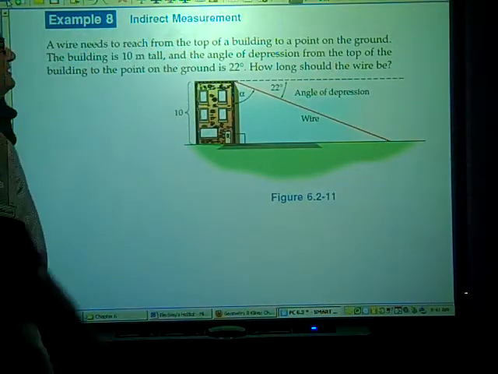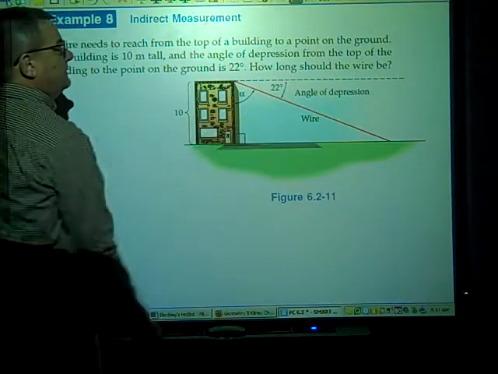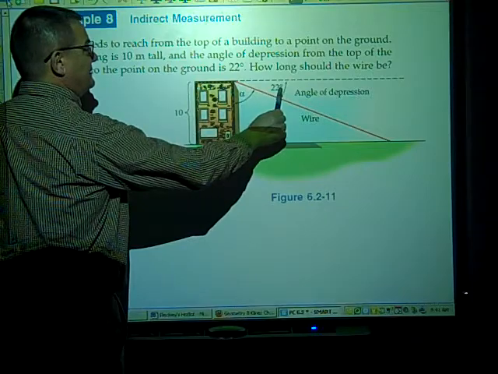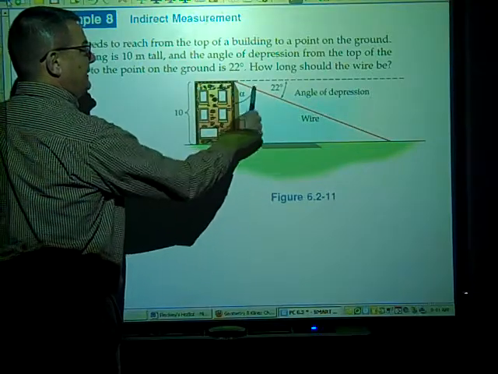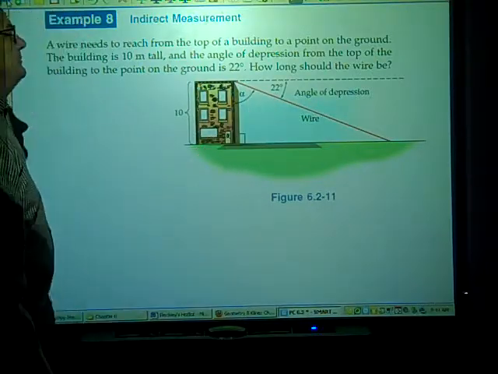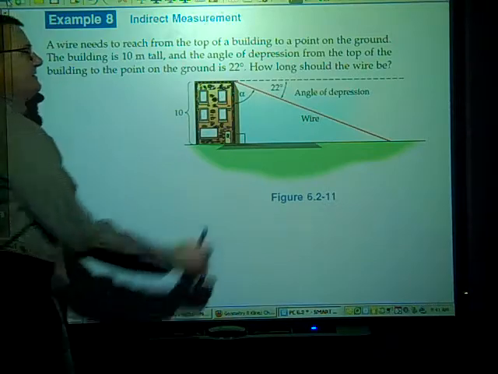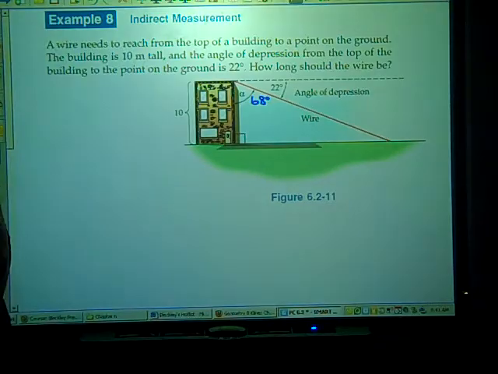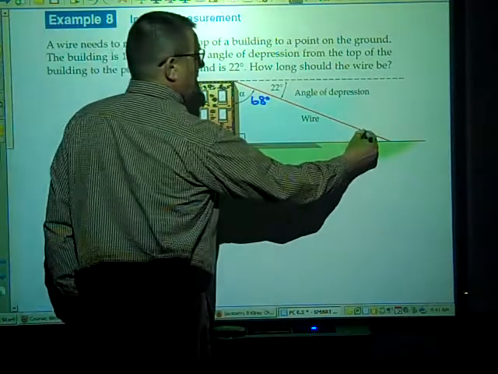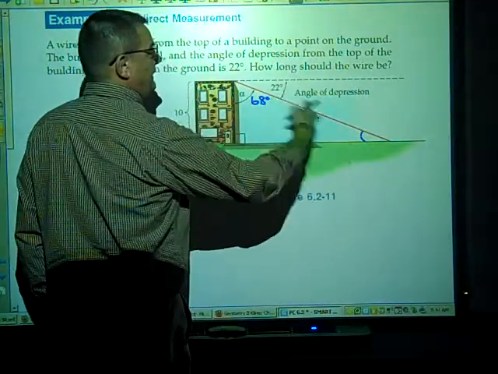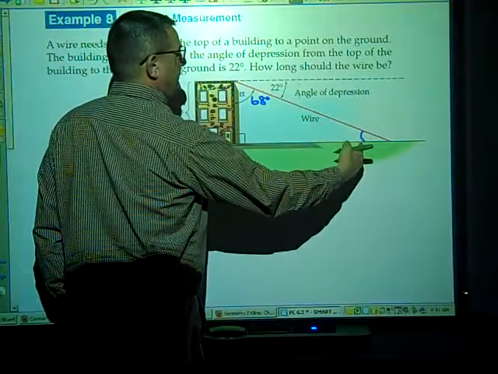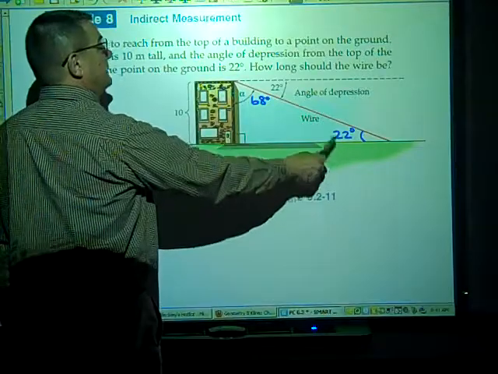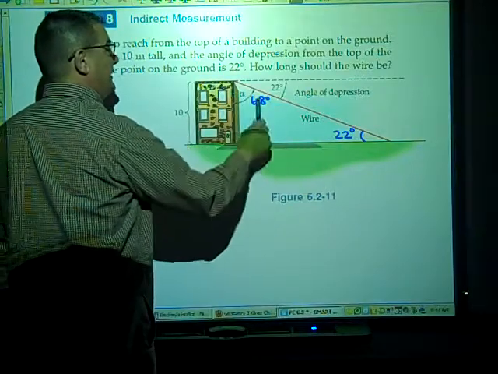And that angle of depression is 22 degrees. Now, since the building is standing at a right angle, then we know if this is 22 degrees that this is complementary to it, which would be 68 degrees. Right? This angle down here is an alternate interior angle with 22, so this is 22 down here.